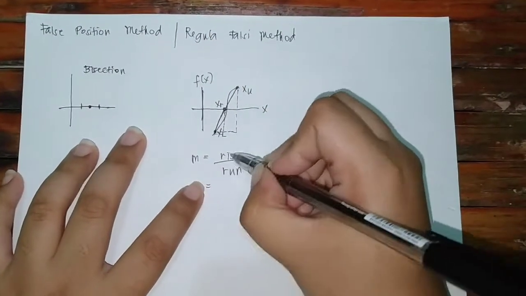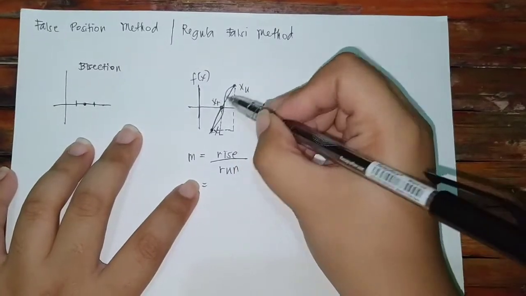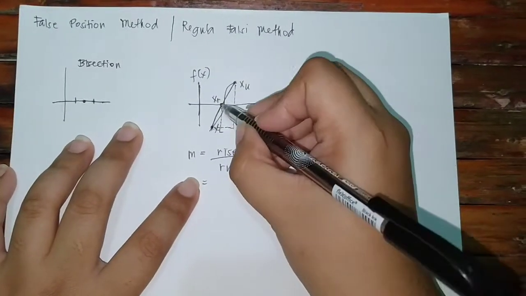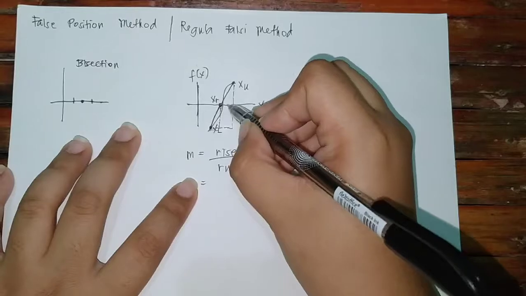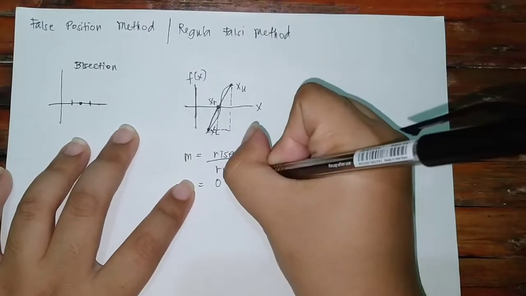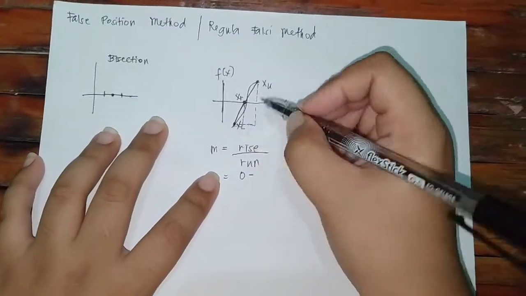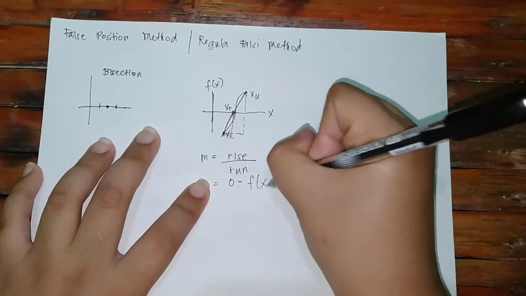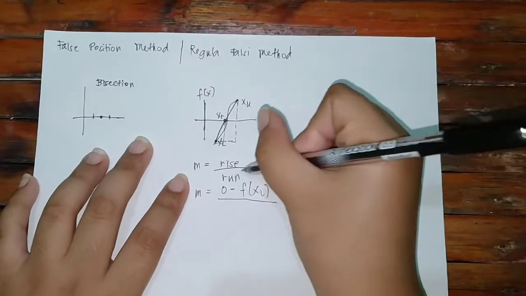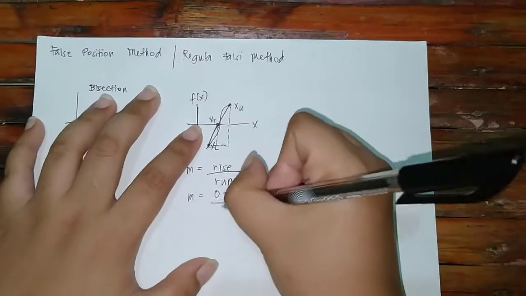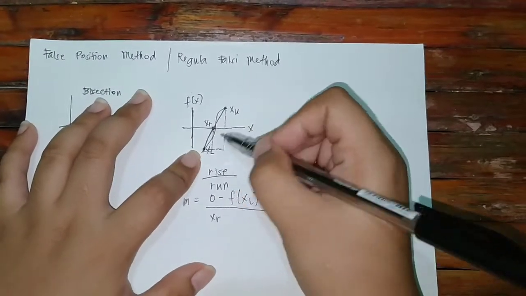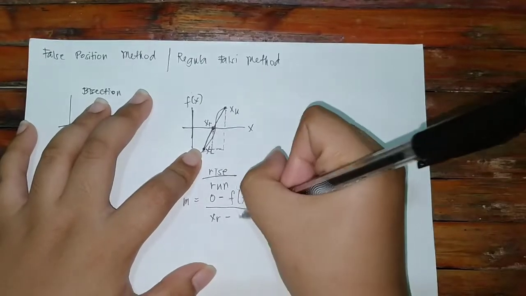First the rise: the f of x of x of r is equal to 0 because it is on the zero line. So we have 0 minus f of x of l, so we have negative f of x of l over the run. We use first the x of r, so x of r minus x of l.